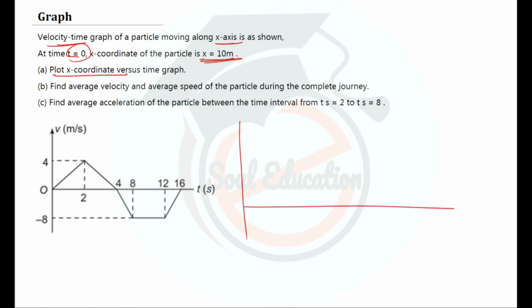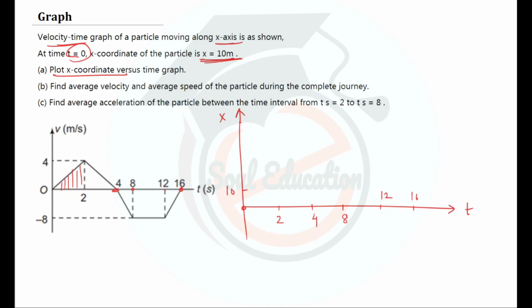This is my time axis and this is my x axis. So the initial position is 10 meters. Next, we have calculated up to 16 seconds. The times we can take from the graph are 2 seconds, 4 seconds, 8 seconds, 12 seconds and 16 seconds. We already know that to convert from VT to XT, find the area. Correct? The area under the VT graph represents the displacement.